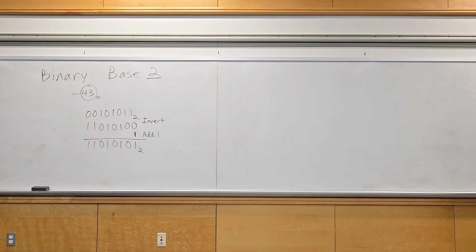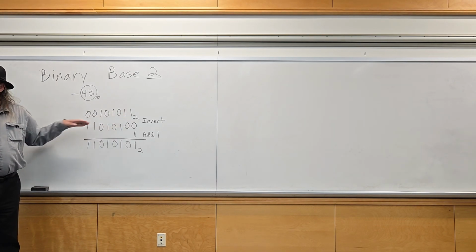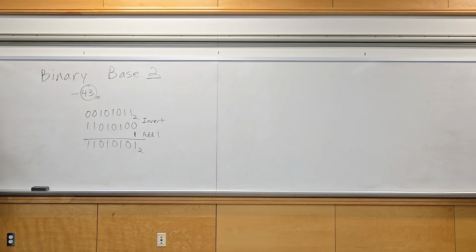So you added 2 zeros in front of it first. Yes, to make it a multiple of 8 bits. Why did you do that? Because most computers typically use groups of 8.